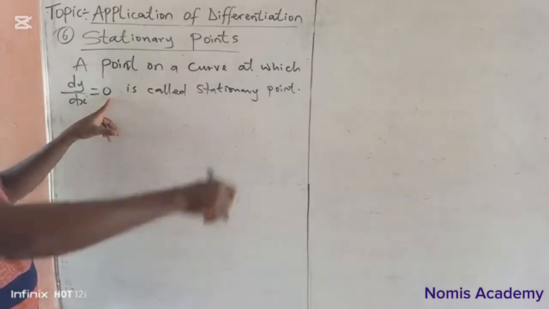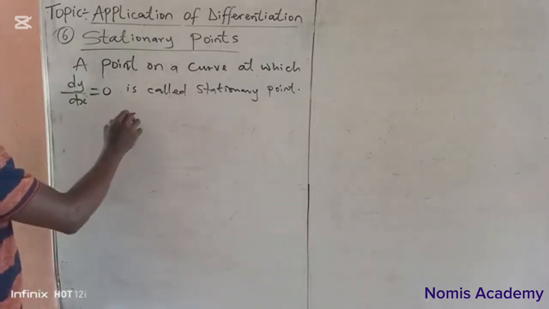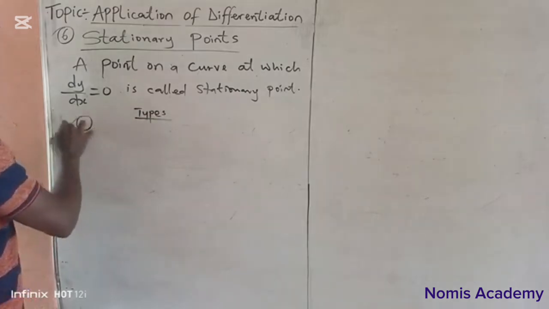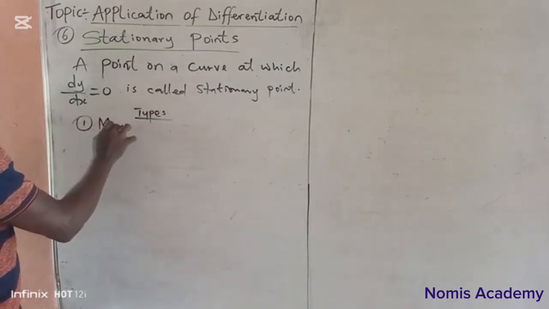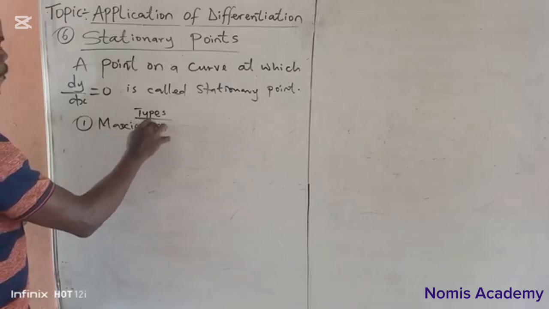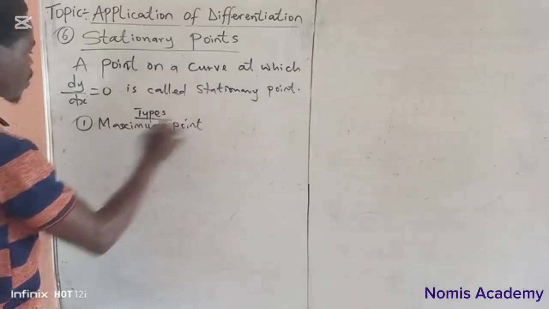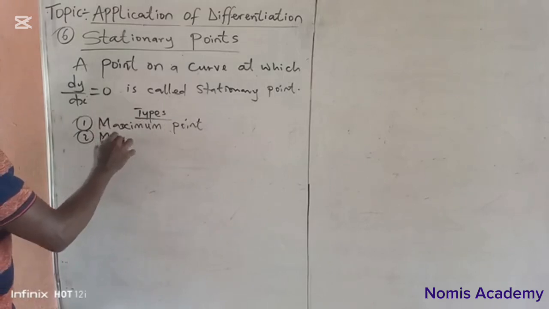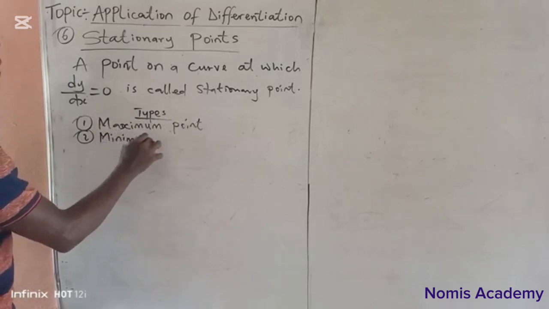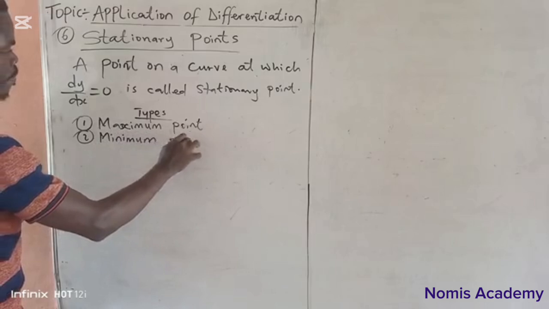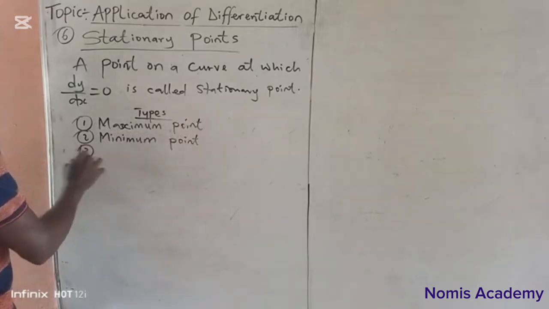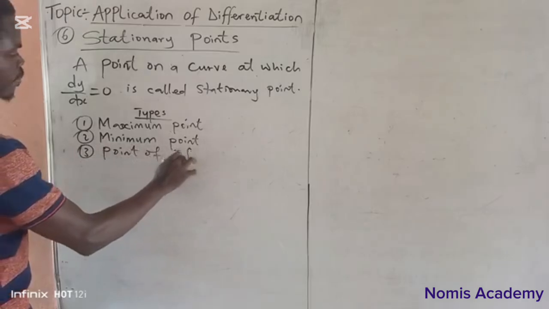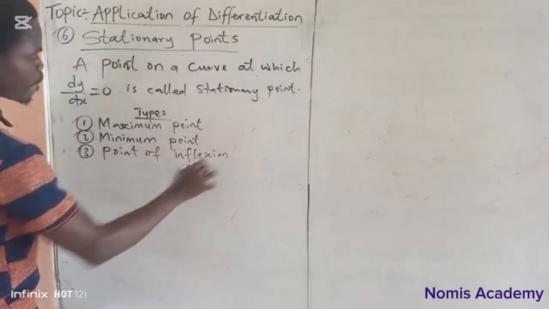Now we have different types of stationary points. The types include: one, maximum points; two, minimum points; and three, points of inflection.